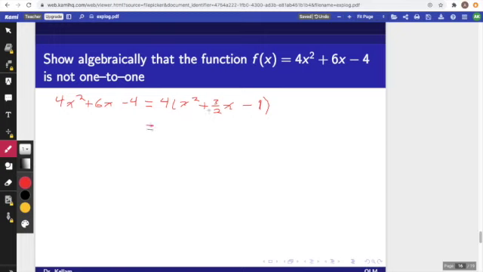Then, by completing the square, I can see that this would become 4(x plus 3/4) squared, minus 9/16 minus 1, or 4(x plus 3/4) squared minus, since 16 and 9 is 25, 25/16.